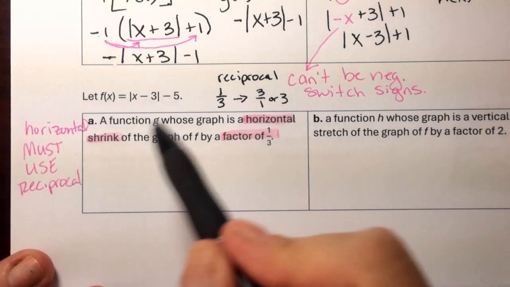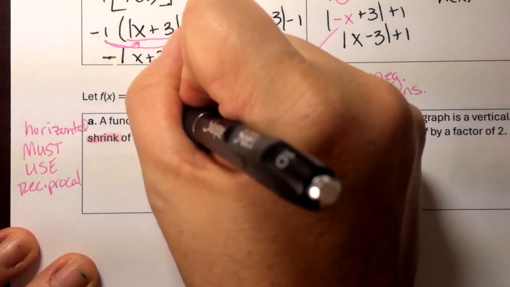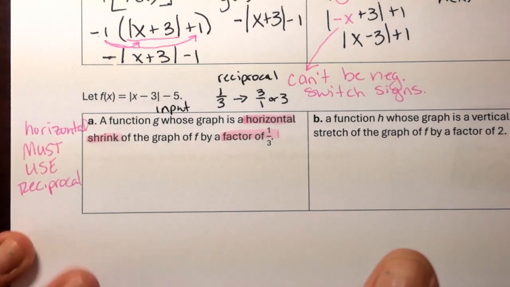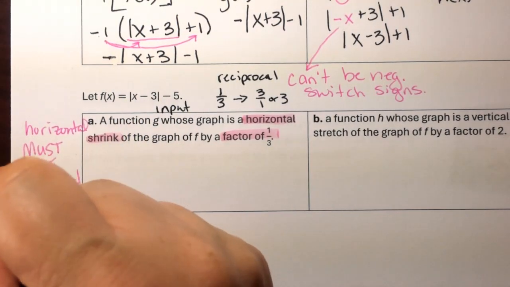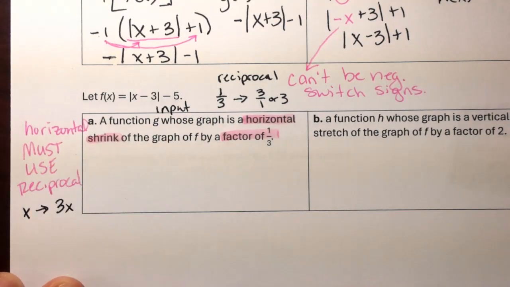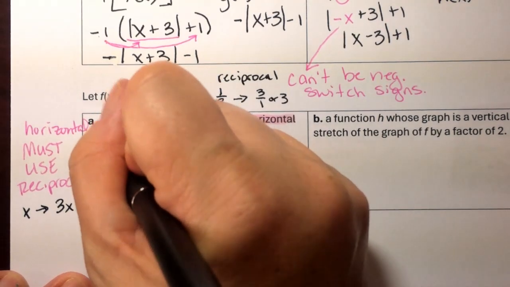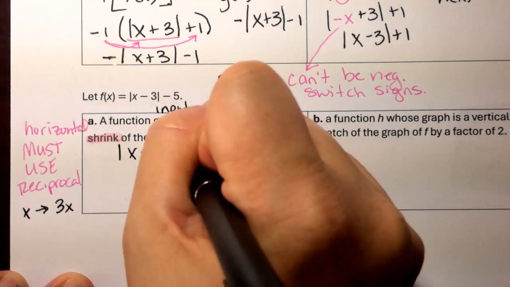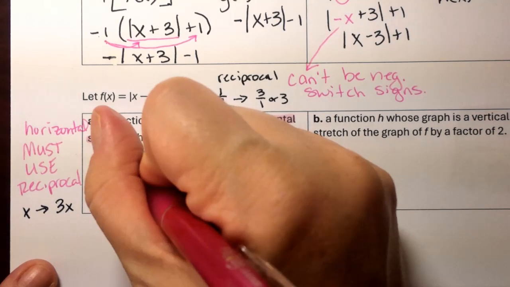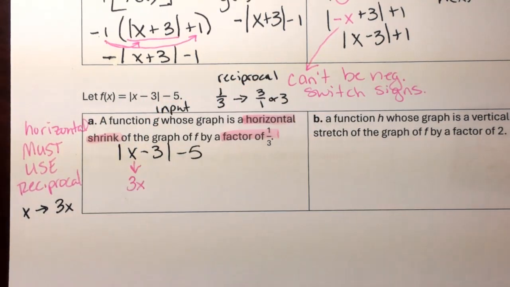So what does this mean now? Horizontal, I know that affects my input. So that means I am going to take x and replace it, the reciprocal is 3, with 3x. All right, so I'm going to rewrite my function. So my function is absolute value of x minus 3 minus 5, but instead of x, I am replacing x with 3x.